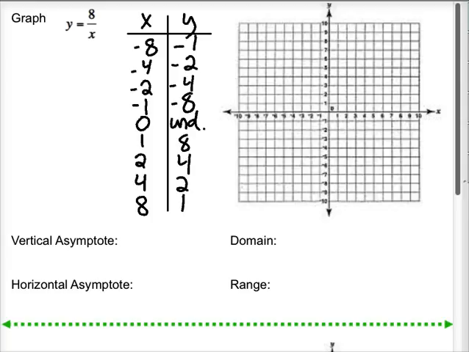So notice here, making that table doesn't actually take that long in the end. Now, if you go back and look at the instructions, after I make my table, the next thing is to put my asymptotes.